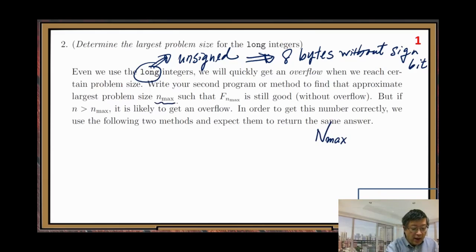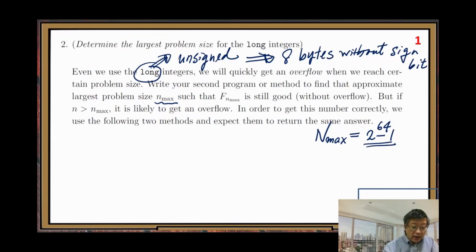Little n max we use for the problem size representation. So this one is 2 to the 64, 8 bytes, 64 bits, minus 1. That is the largest unsigned long integer number.